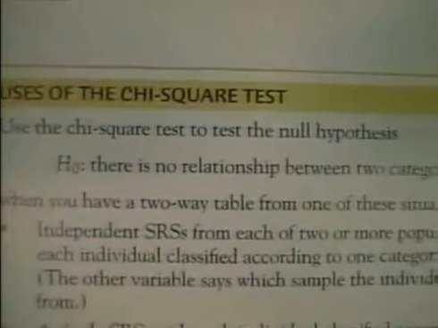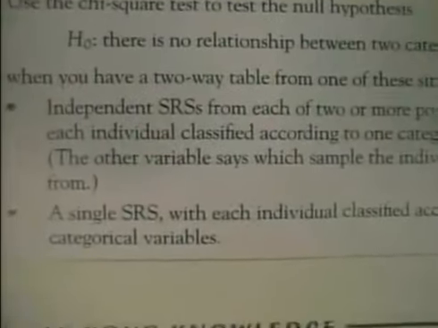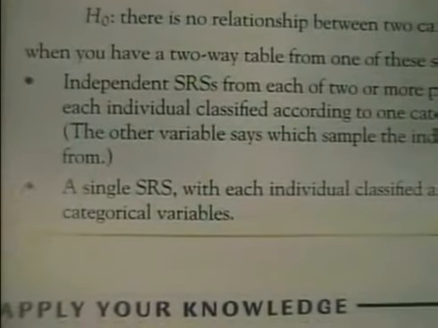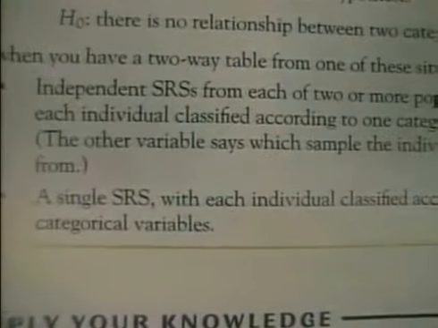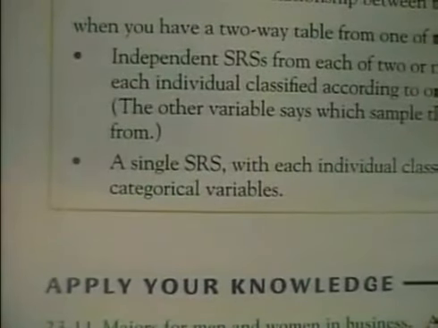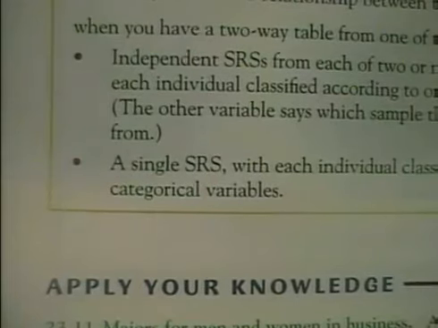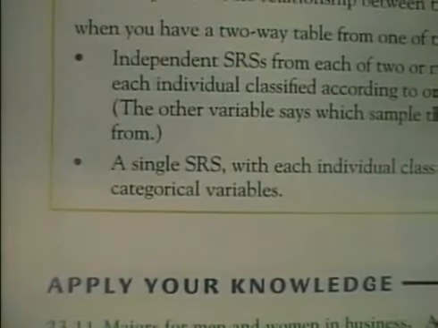And so, in this case, at the very bottom, an SRS, an individual classified according to two categorical variables. So that's where we get two categories. And so we say a single population, we can compare classifications by categories and determine if the categories are independent.